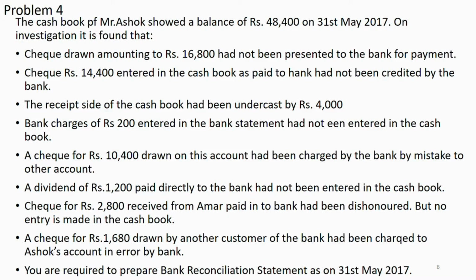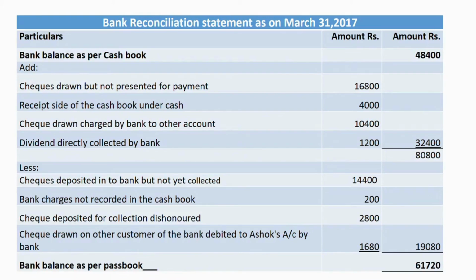But as the check has not been presented to the bank for payment, the bank passbook balance has not reduced. So the cash book shows a lesser balance compared to the passbook balance. Hence, to arrive at the passbook balance, we will add the amount of 16,800 to the cash book balance. So you can see the checks drawn but not presented for payment have been added here.